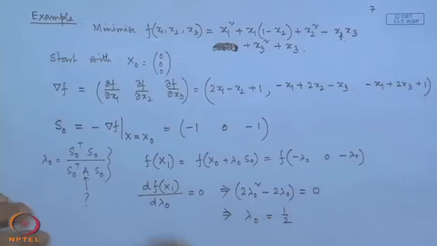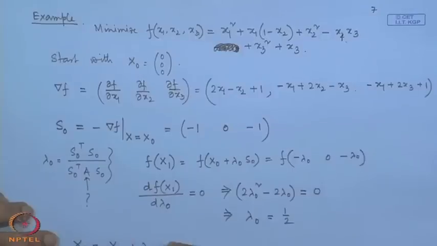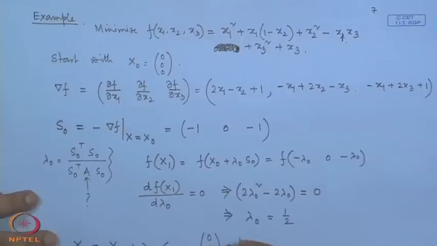Once we get lambda naught equal to half, we go to x1. X1 would be equal to x naught plus lambda naught S naught, that is 0 0 0 plus half times S naught, which is minus 1, 0, minus 1.